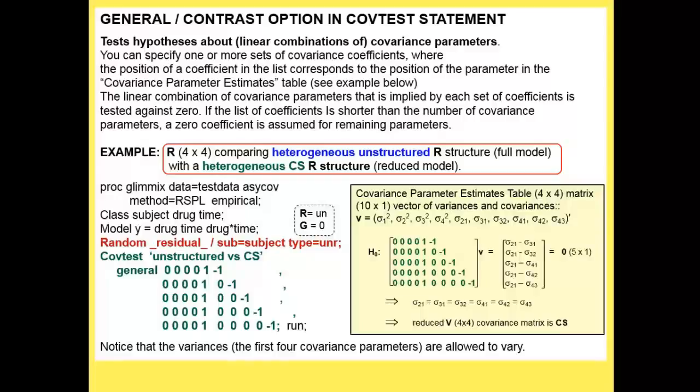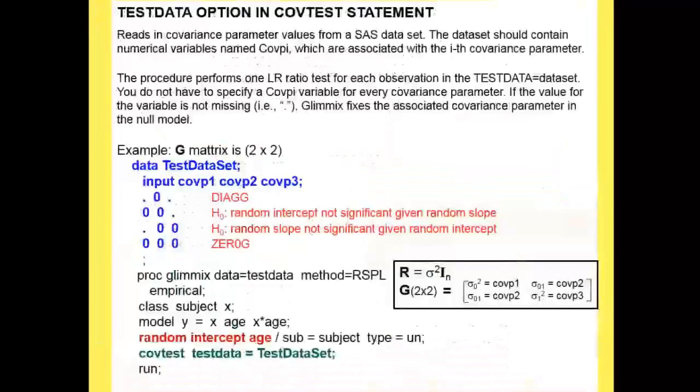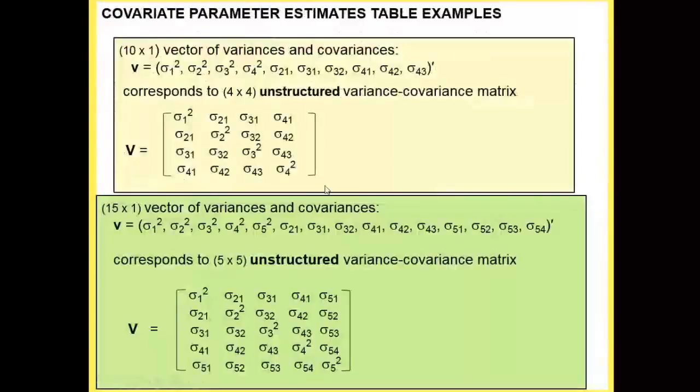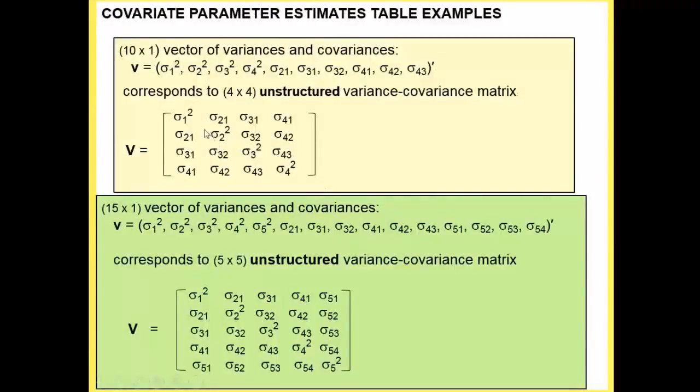Now, in order to do this, you have to recognize how the computer works. You have to take the terms in this 4 by 4 matrix and string them out as if it's a vector, in one line like a column vector.